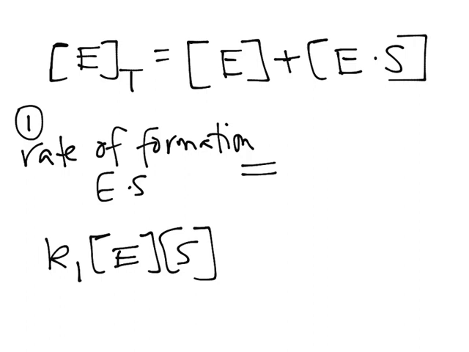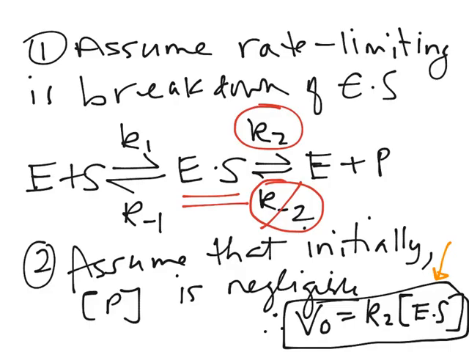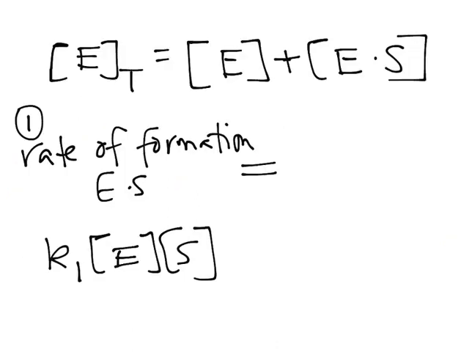I'm getting this from the beginning here, right? So it's K1 times the concentration of the enzyme times the concentration of the substrate. That's the formation of the enzyme substrate complex.